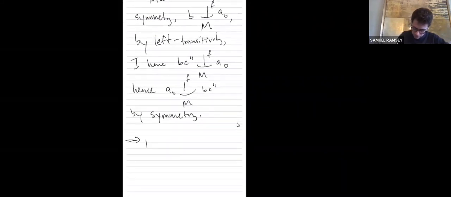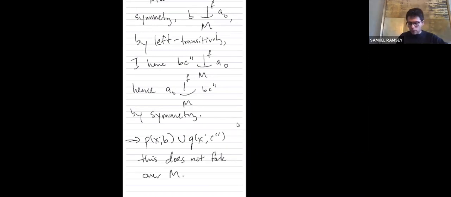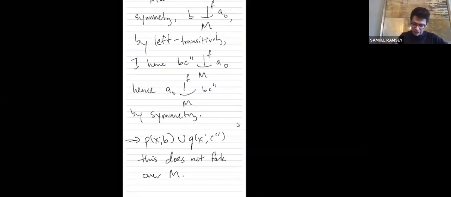Okay, so our conclusion here is that if I look at Px B union Qx C prime prime, this does not fork over M. Why? Well, because this is realized by A0. A0 realizes this because A0 has the same type over MB as A0 did. That's not saying anything interesting.